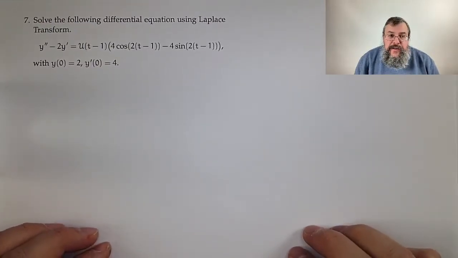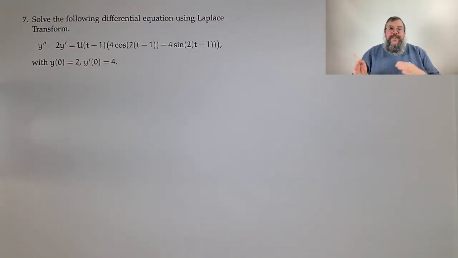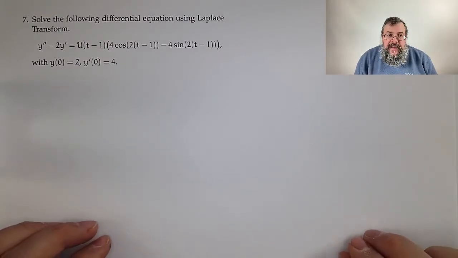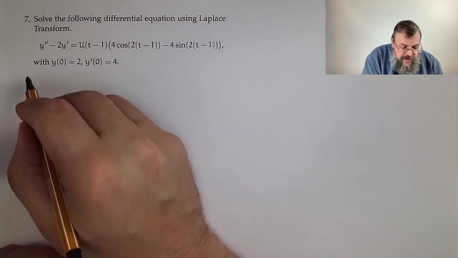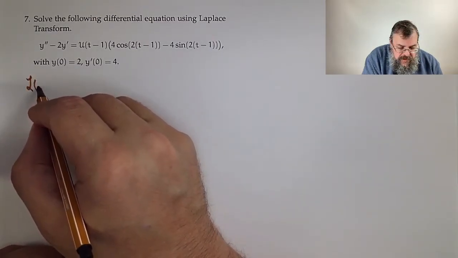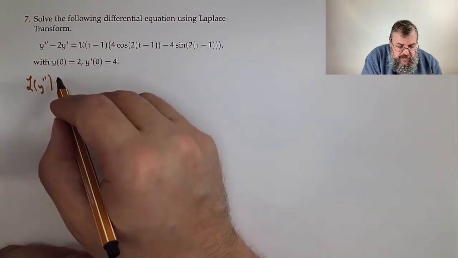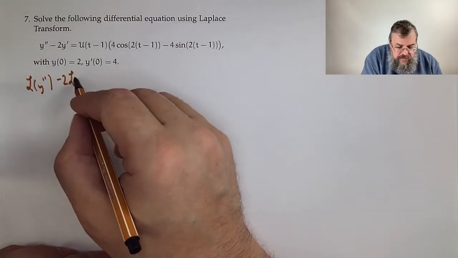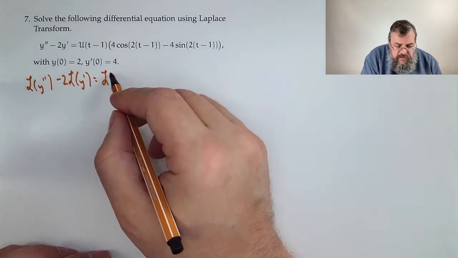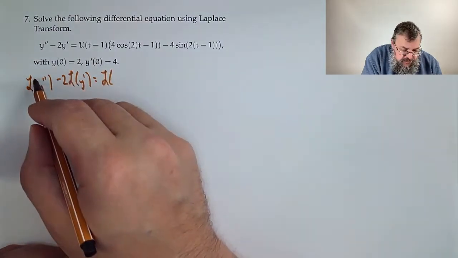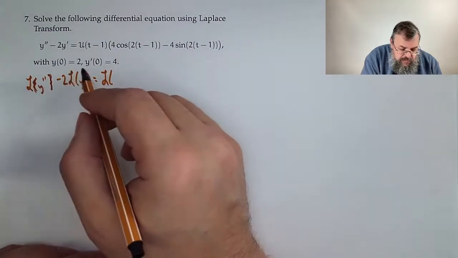Now, the way we solve a differential equation using Laplace transform is we take the Laplace transform of both sides. So we'd have the Laplace transform of y double prime minus 2 times the Laplace transform of y prime is equal to the Laplace transform of, I guess these should have been squiggly braces, right?